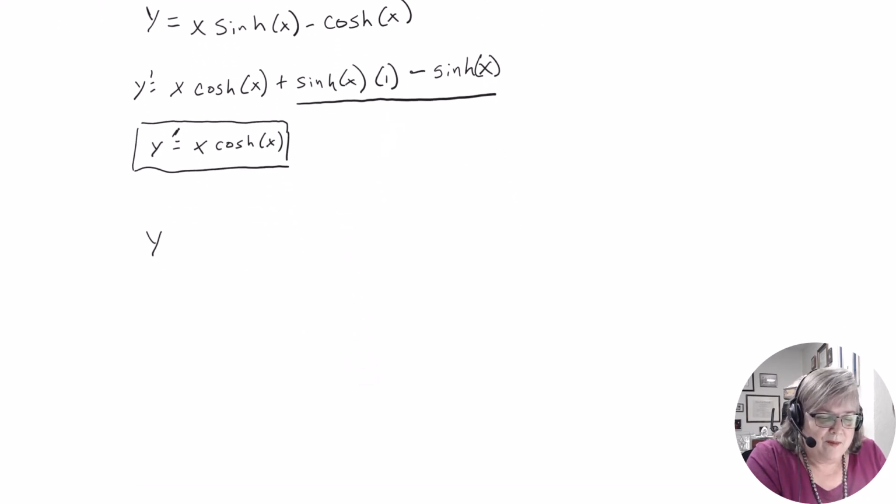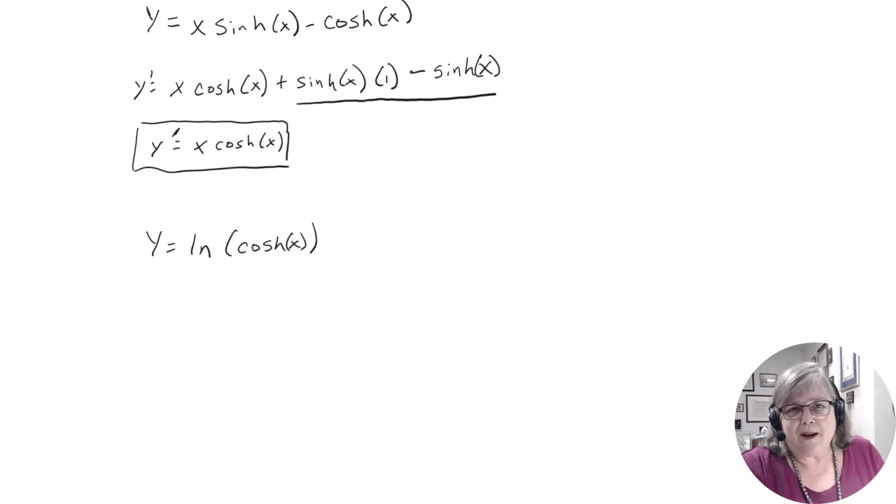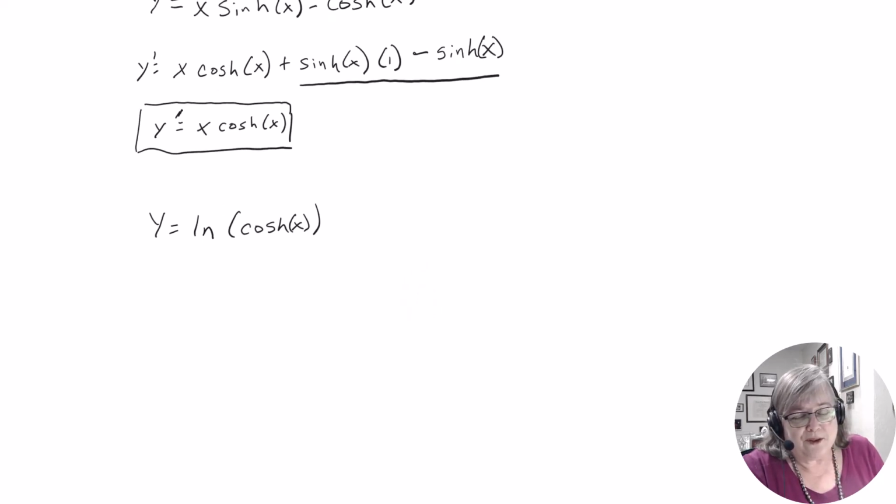All right. So what if we had y is equal to the natural log of the hyperbolic cosine of x? And some people will go back and pick up that e to the x plus e to the minus x over 2, but unless your teacher asks you to do that, that would not be the intent. So let's take the derivative the way it is. So remember, the derivative of the natural log is 1 over u du, right?